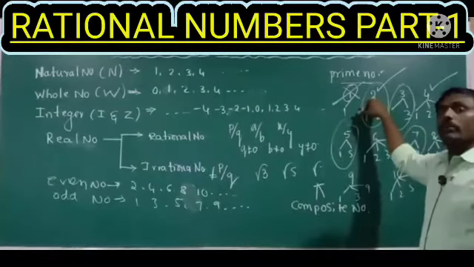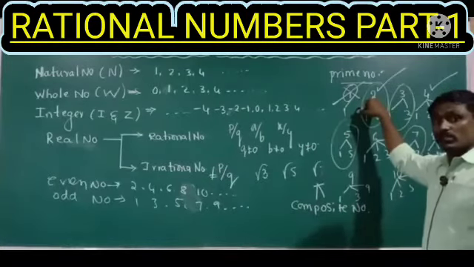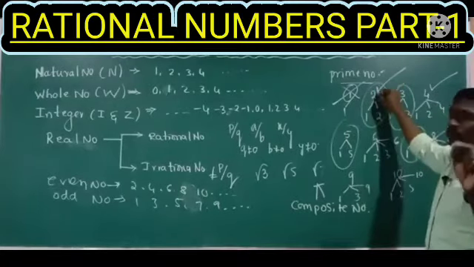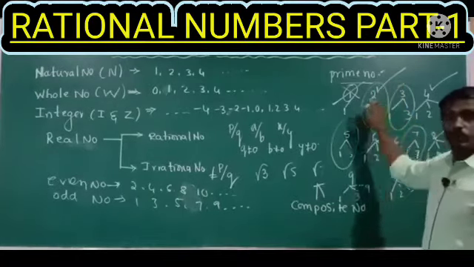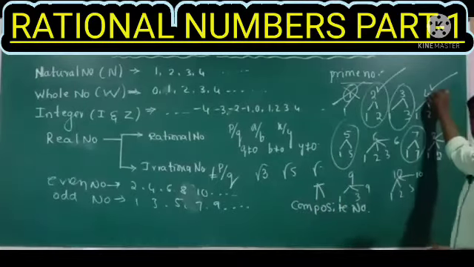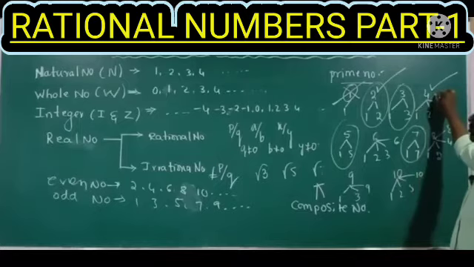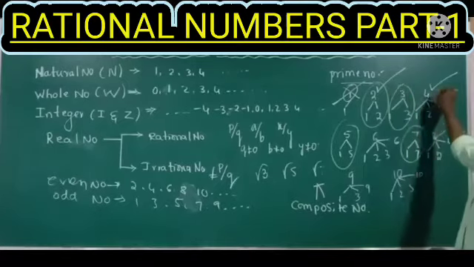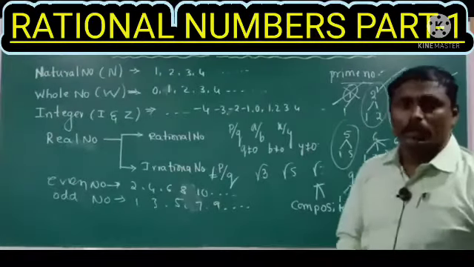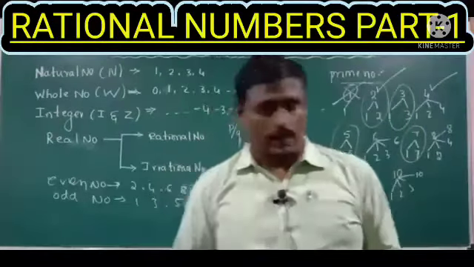If you are writing prime numbers, 2 is the only number which is even as well as prime. Other than 2 we cannot get any even prime numbers, right? So 4 is the smallest composite number, 2 is the smallest prime number. All the composite numbers have more than 2 factors.